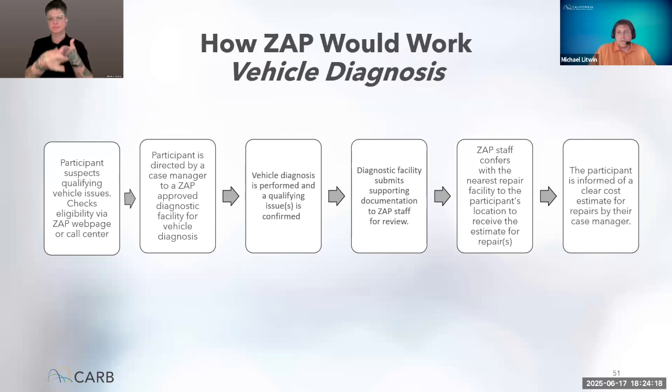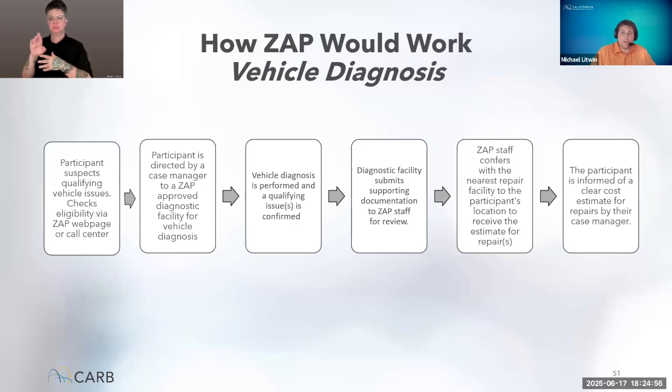Once the vehicle diagnosis is complete and a qualifying issue is confirmed, the diagnostic facility submits supporting documentation to ZAP staff for review. ZAP staff confirms with the nearest repair facility to the participant's location to receive the estimate for repair or repairs. The participant is informed of a clear cost estimate for repairs by their case manager.